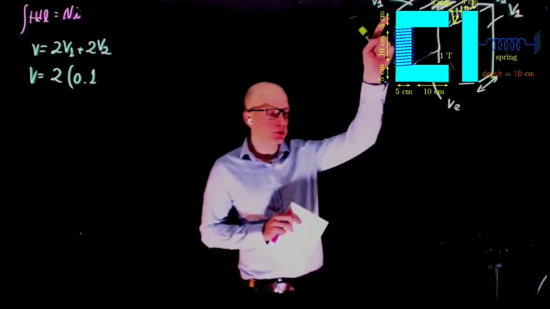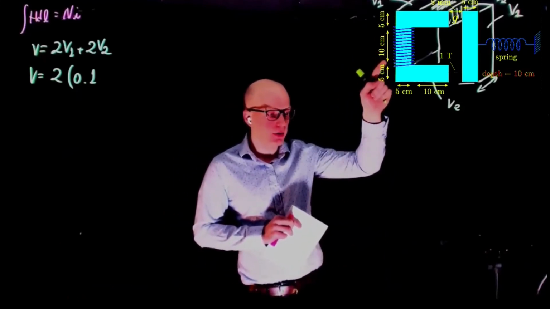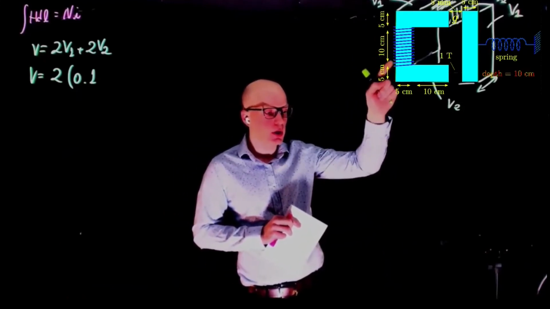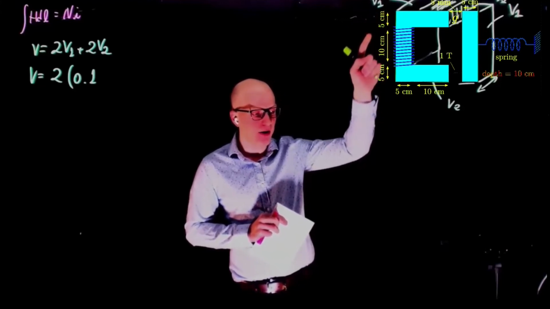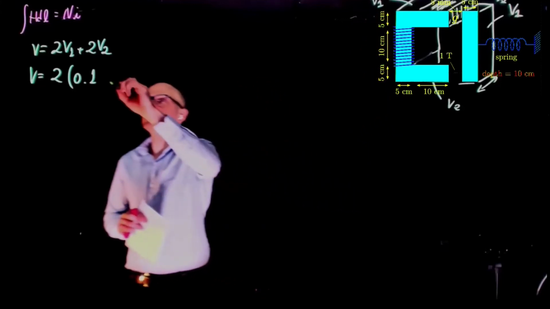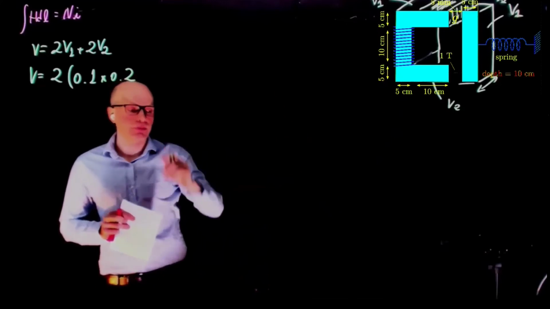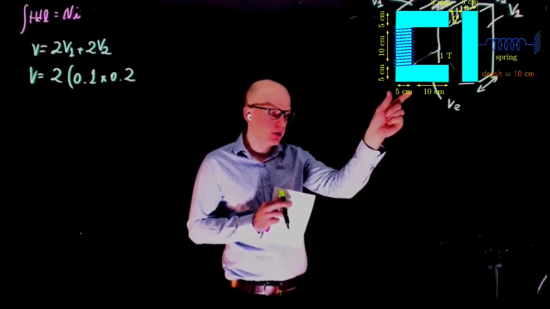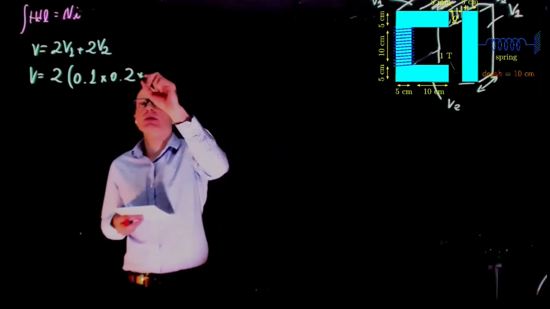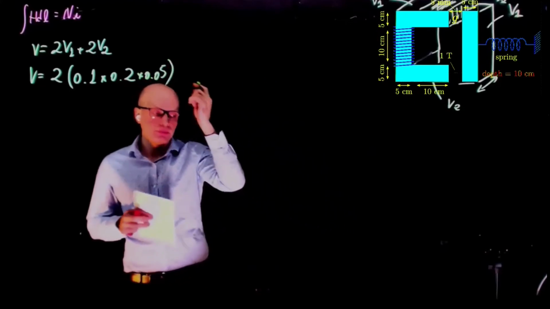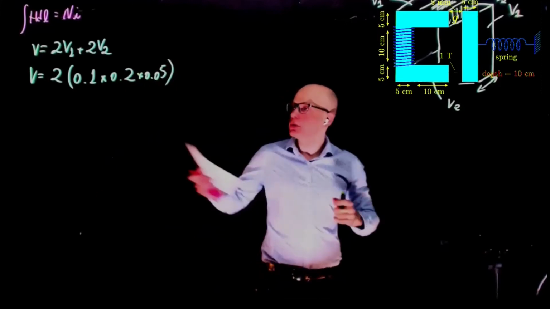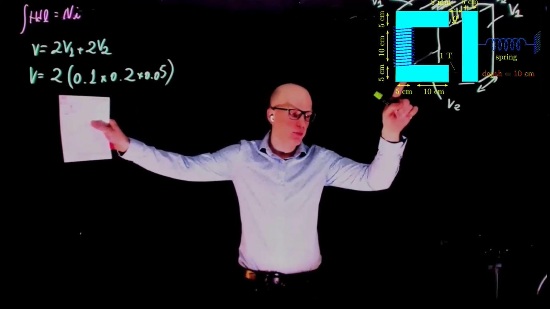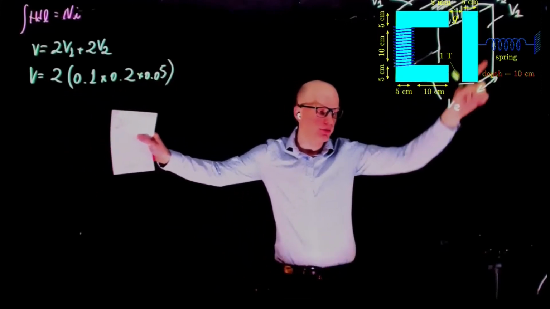Now we are not considering the mean core path from here to here. Now we are considering the entire volume. So it's 5 plus 10 plus 5. So that is 0.2. And we also have the width here, which is another 5 centimeters. So that's times 0.05. This 2 comes from the fact that we have one volume V1 here and one volume V1 there.